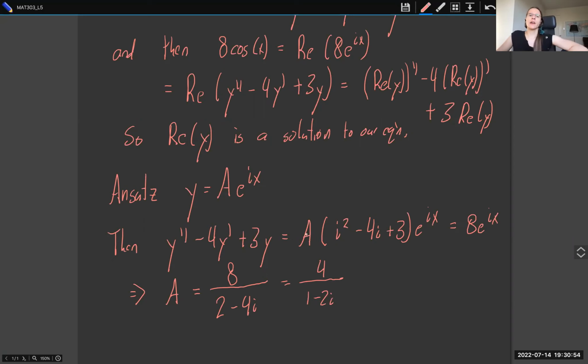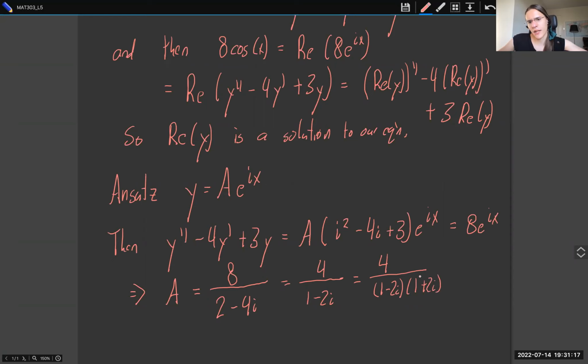However, fractions with a complex number in the denominator aren't easy to work with. And there's a trick for getting rid of that. What's the trick? Multiply by the conjugate. Exactly. And the conjugate of 1 minus 2i is 1 plus 2i.